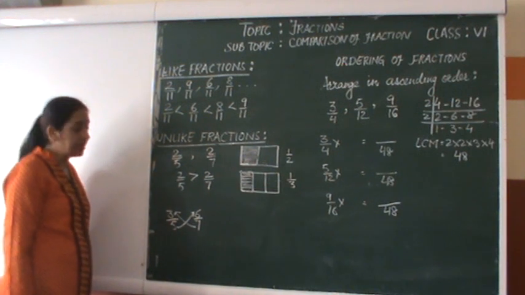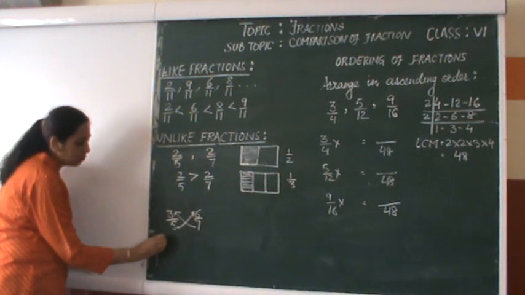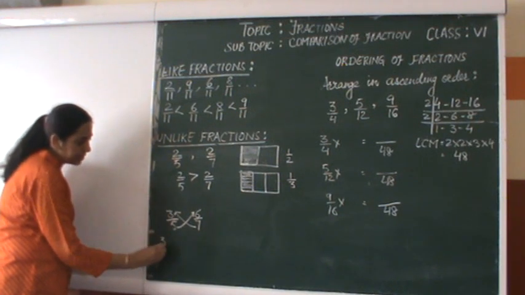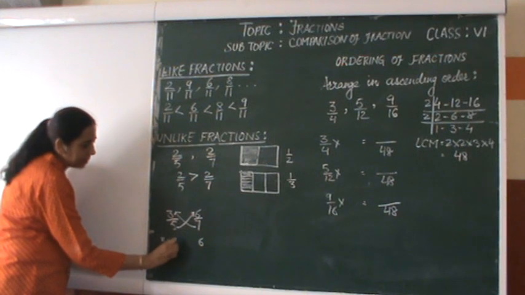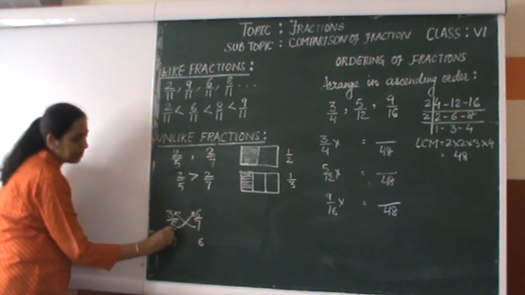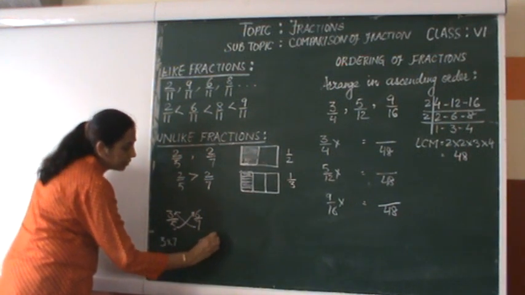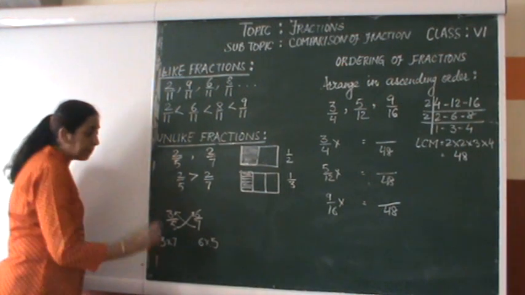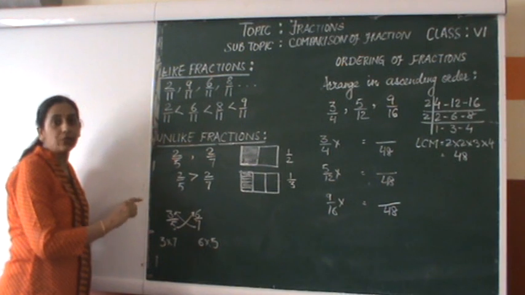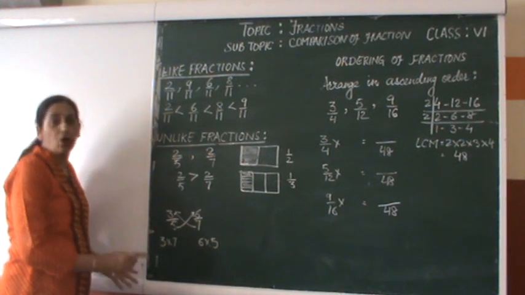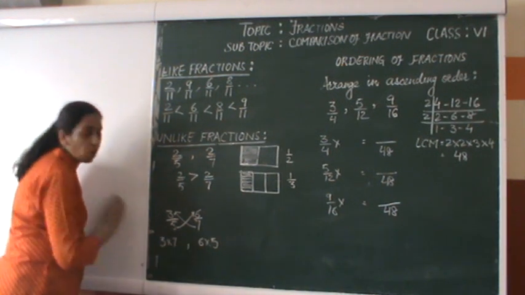The way is, first of all, you write the numerators of the fractions. Now, you multiply it by 7, and this 6 you multiply by the denominator of the first fraction. But because we have not proved whether they are equivalent or which is bigger or smaller, you put a comma.